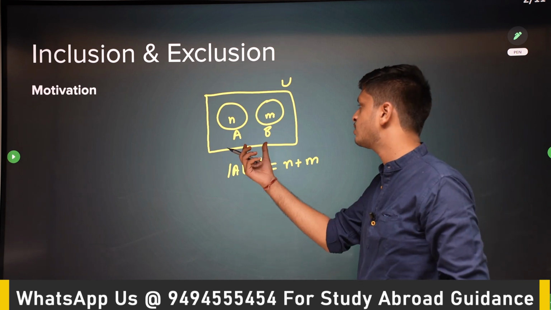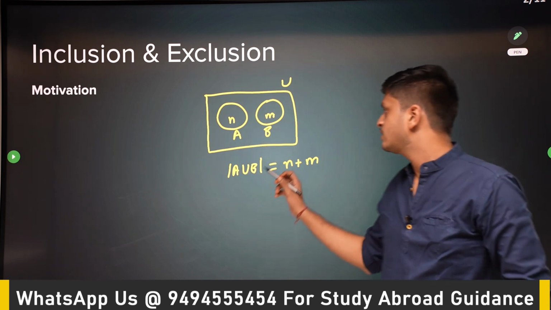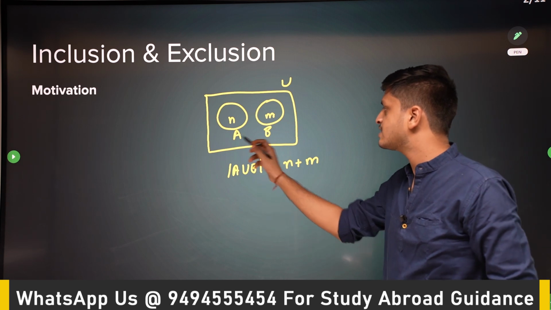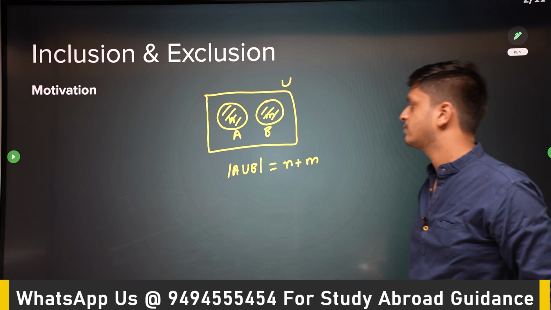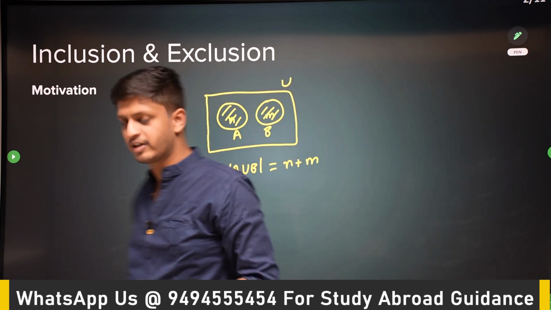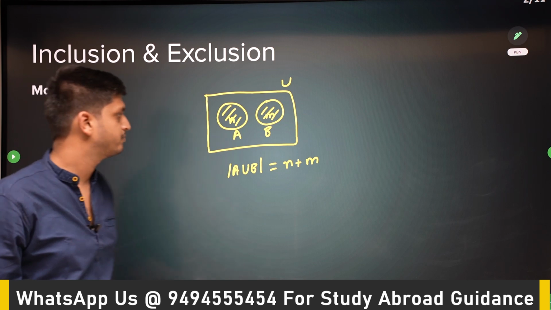Since they don't have any elements in common, the number of elements in A union B will become n plus m.